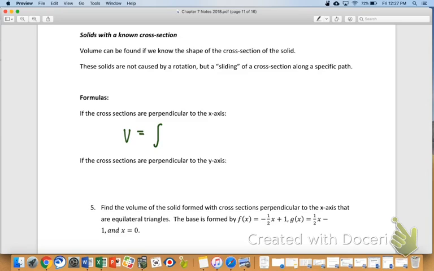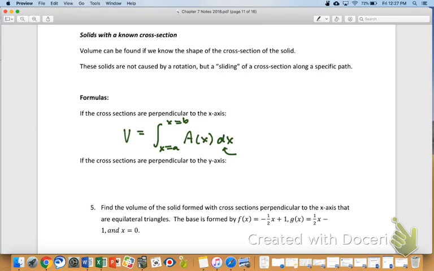The only way we can add something like that up is with an integral. We're going to integrate from x equals a to x equals b, whatever those limits of accumulation would be. And then the integrand is super, super simple. I didn't say easy, I said simple. Here's what it is. A of x dx.